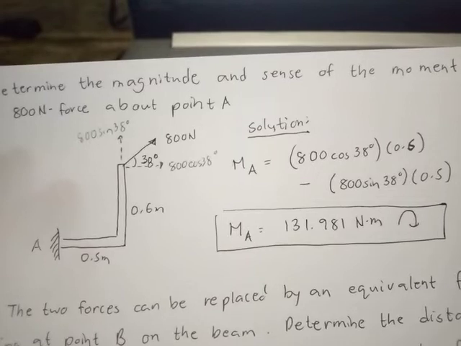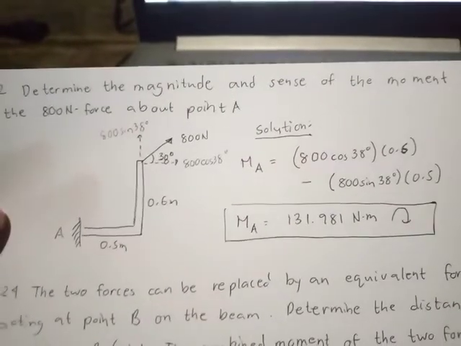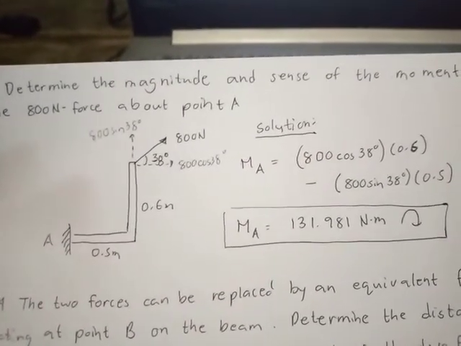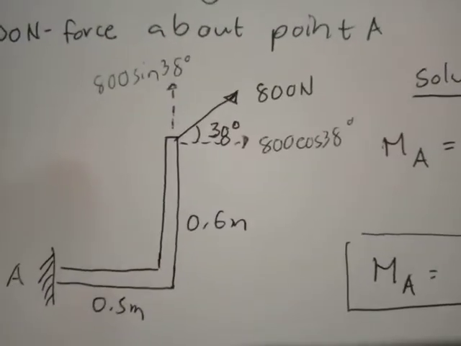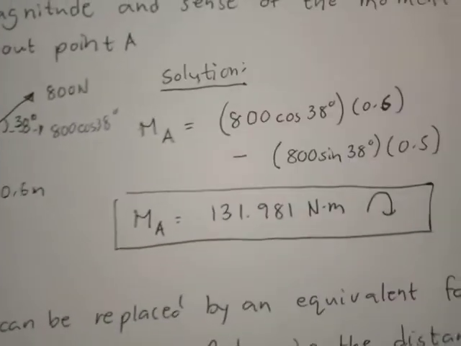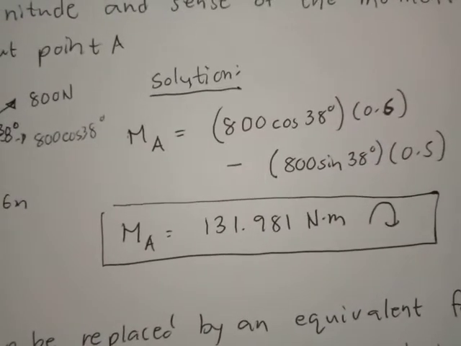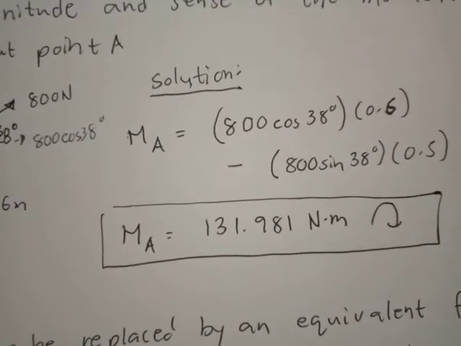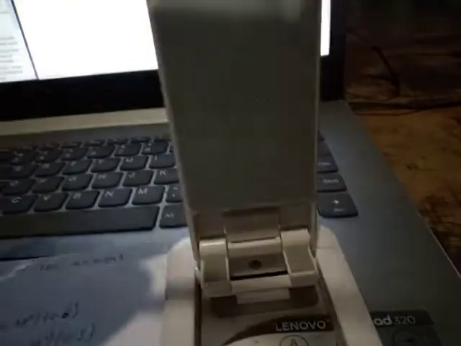So M of A, our moment about A, is equivalent to 800 cosine 38 degrees, that x component here, multiplied by the perpendicular distance. When we say perpendicular, it's like this. If this is your x-axis and y-axis, the perpendicular distance is here. If it's horizontal, then the perpendicular distance is this ball pen, so that is perpendicular.